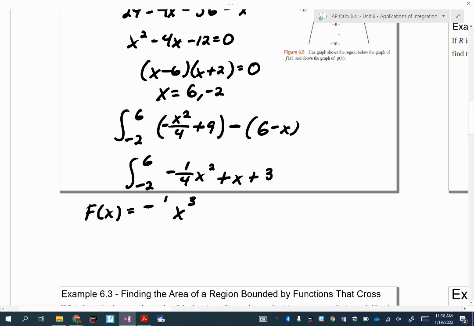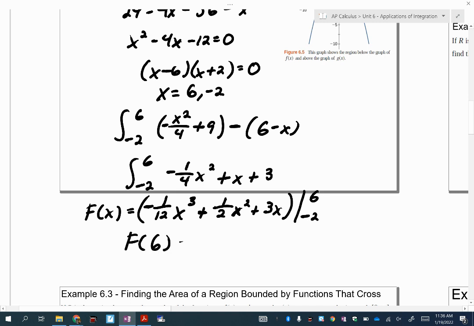That's going to be negative 1/12, because that would be negative 3/12, which is negative 1/4, plus 1/2 x squared plus 3x. So if I evaluate this at 6 and negative 2 and subtract them, I will get my answer.